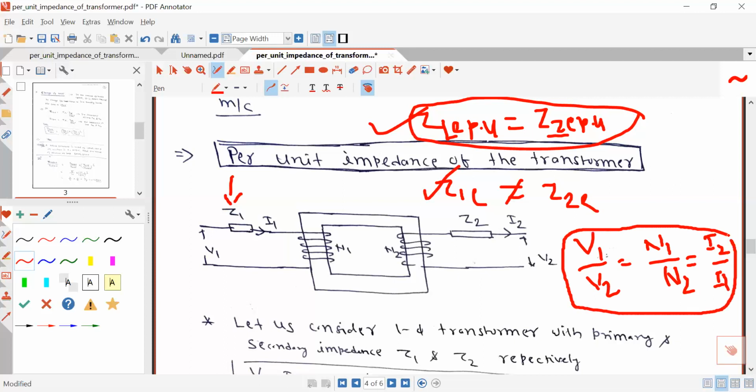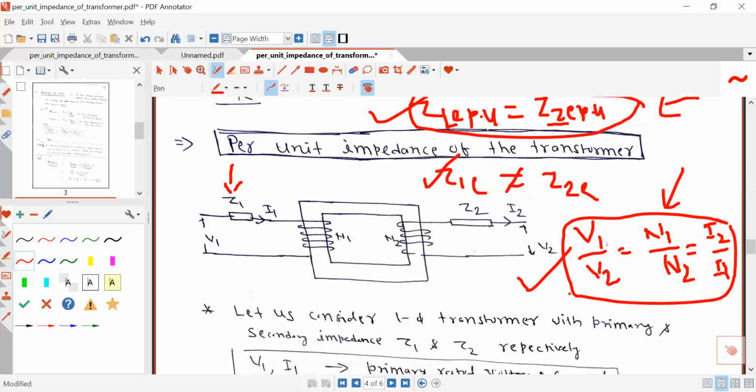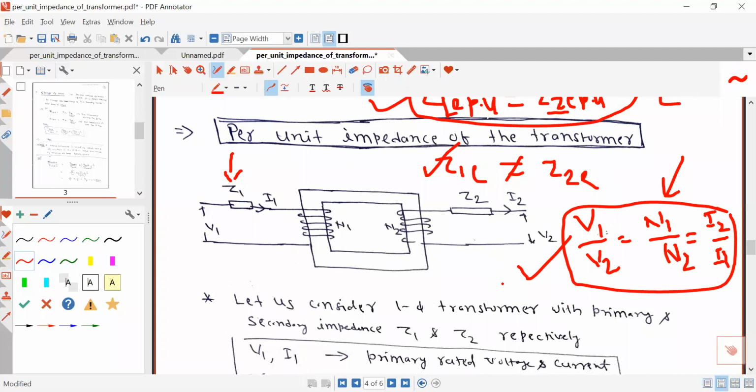Before derivation of this result, I hope you have studied this relationship, and this relationship is true if you ignore drop in the transformer winding, and if you ignore no load current, because no load current is very small, and for analysis purposes you can ignore it, then this relation will be true.